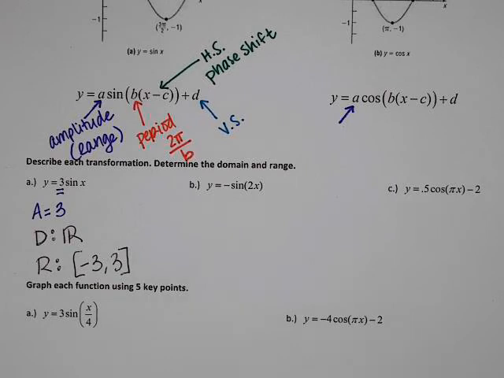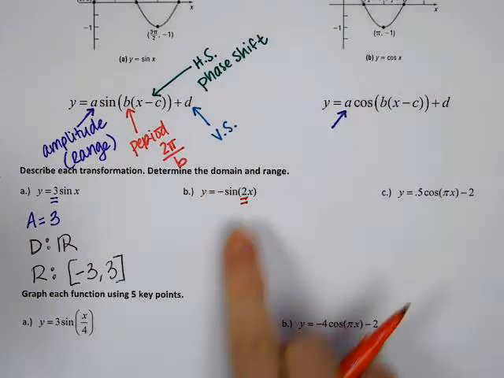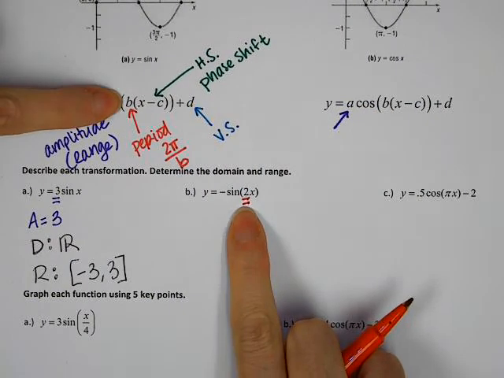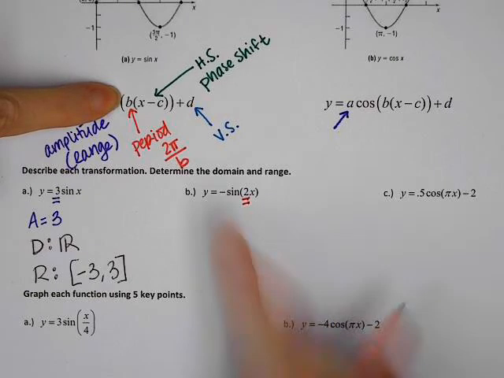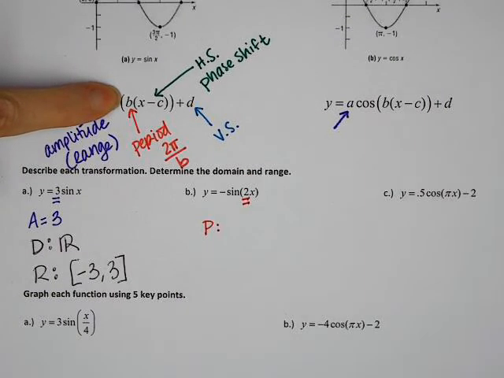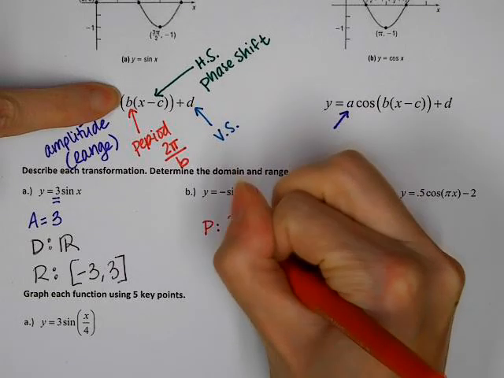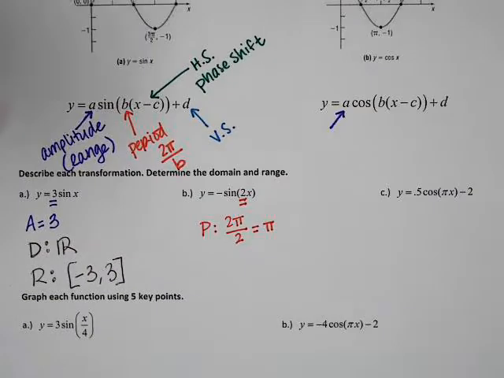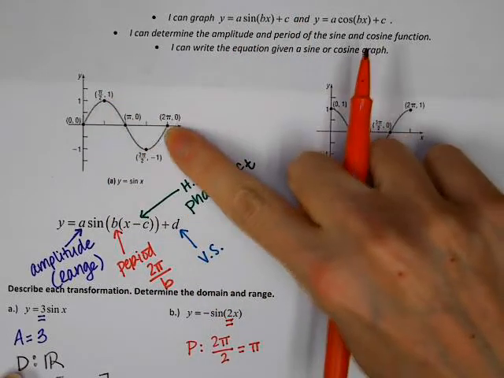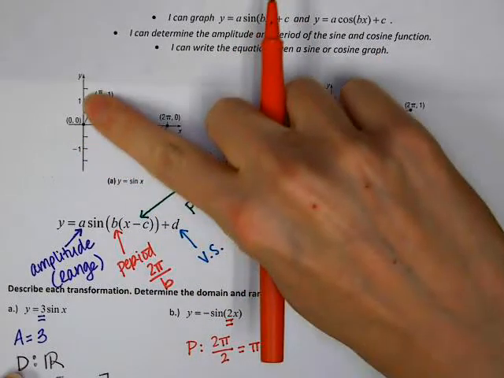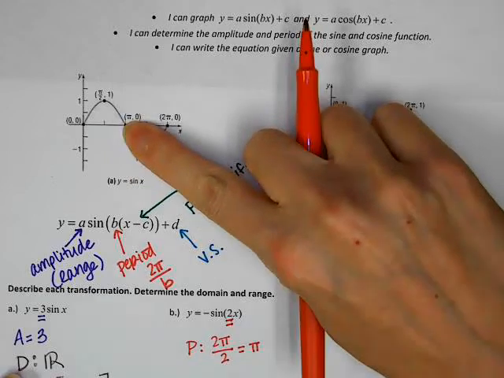Okay, moving on to B. B has a number in front of the x, and that is what that B is. So that tells you there's going to be a period change. So this one has a new period, and it's going to be 2 pi divided by b, which is 2, and that simplifies to pi. So instead of completing a full cycle in 2 pi, we're going to complete the full cycle in pi.